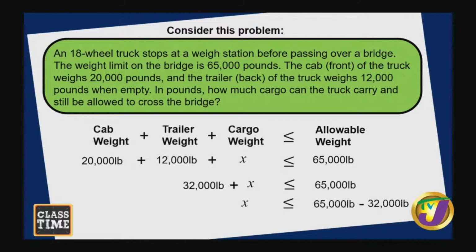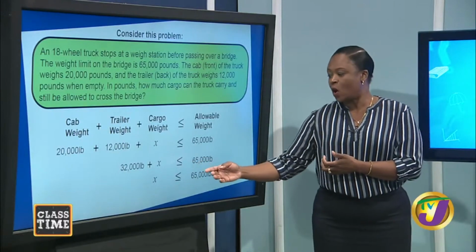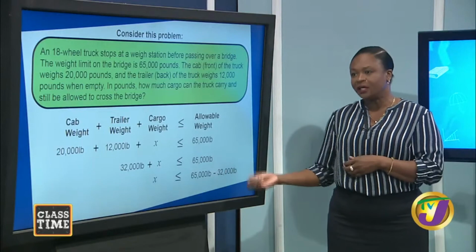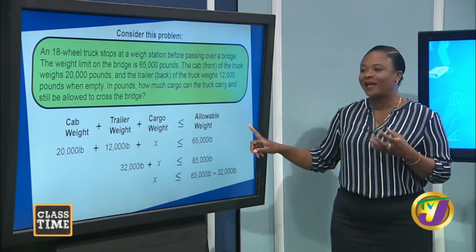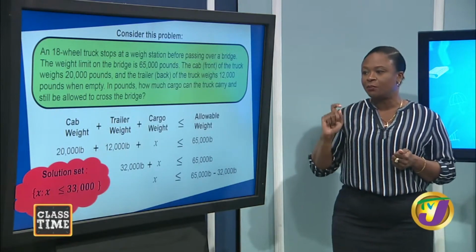Based on the conversations we've had before, you have taken us through the solutions for the inequalities, where X is less than or equal to 65,000 pounds subtracting 32,000 pounds. With that, the value of X would be 33,000 pounds.